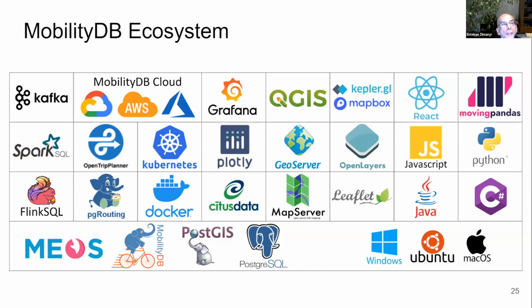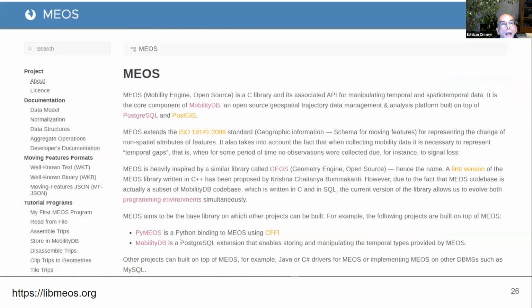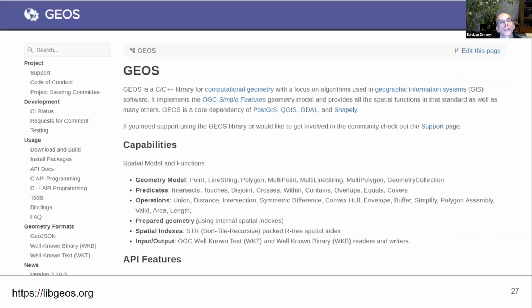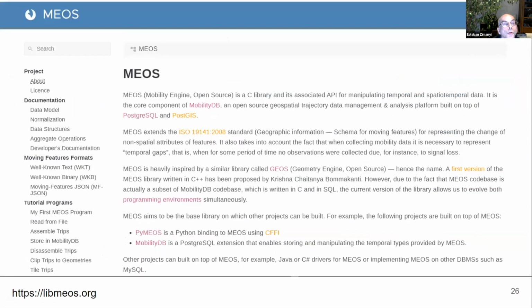PyMEOS, or MEOS in general, allows us to have a huge ecosystem, because we are able to wrap MEOS, which is the basic library on which MobilityDB is based, in many possible languages. So why MEOS? Because of course everyone knows the great job Paul is doing in GEOS, and we follow the same path, and we say we can do exactly the same for the mobility data types.